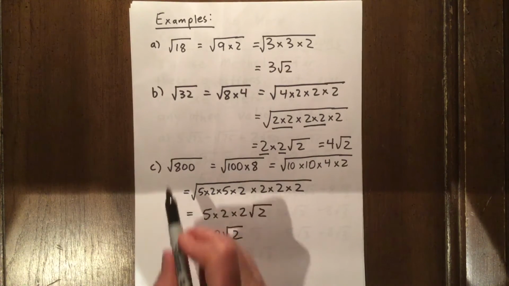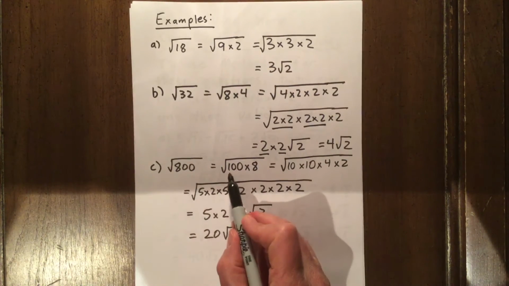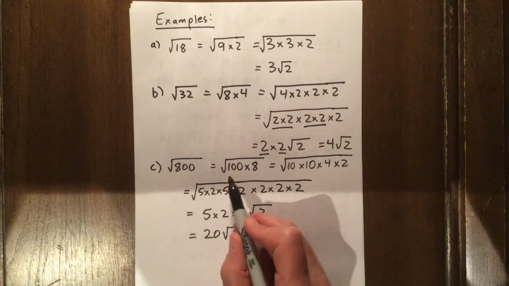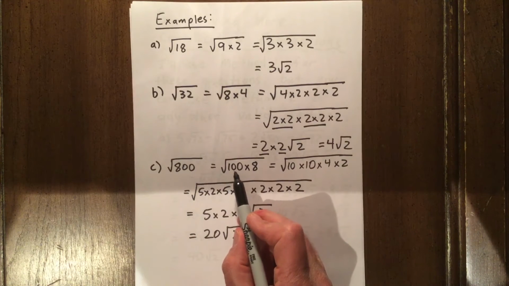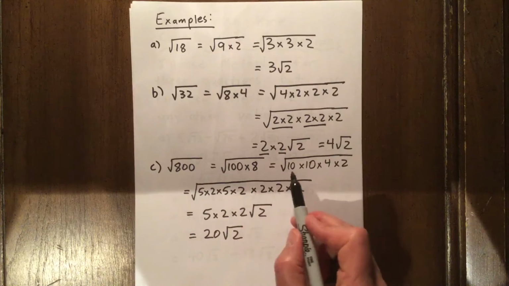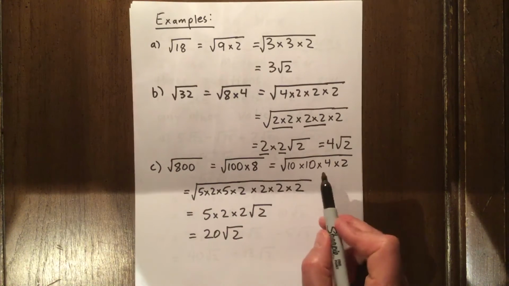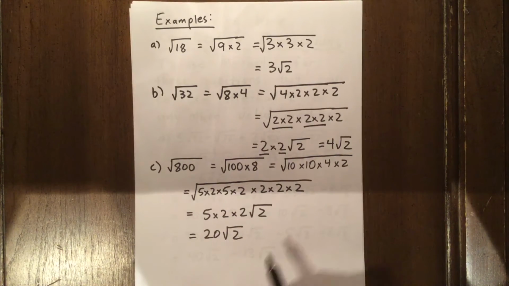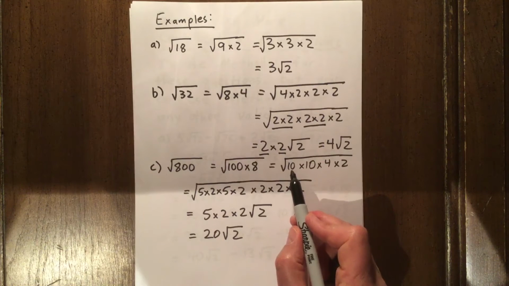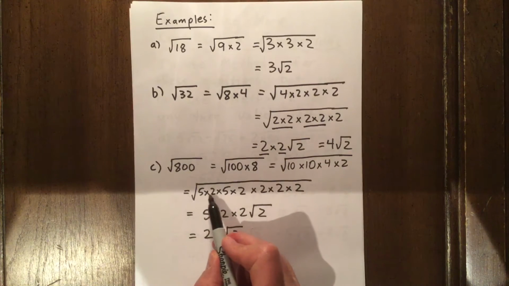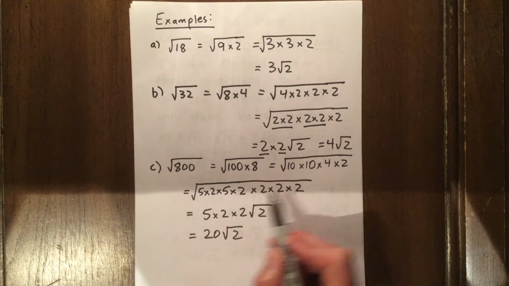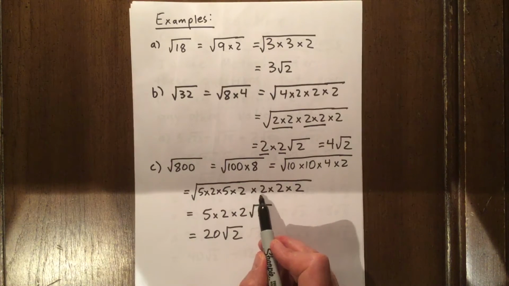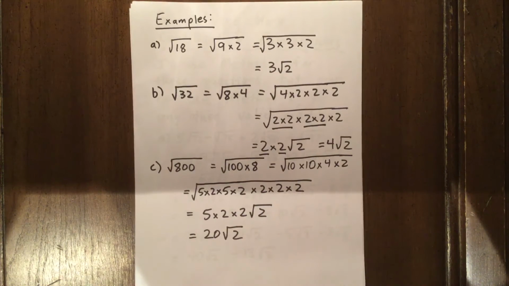And finally, if I have root 800, I might think of that as 100 times 8. I might think of this 100 as 10 times 10, and this 8 is 4 times 2. Instead of 10 times 10, I can call it 5 times 2 times 5 times 2. That 4 becomes 2 times 2, and I still have the 2.